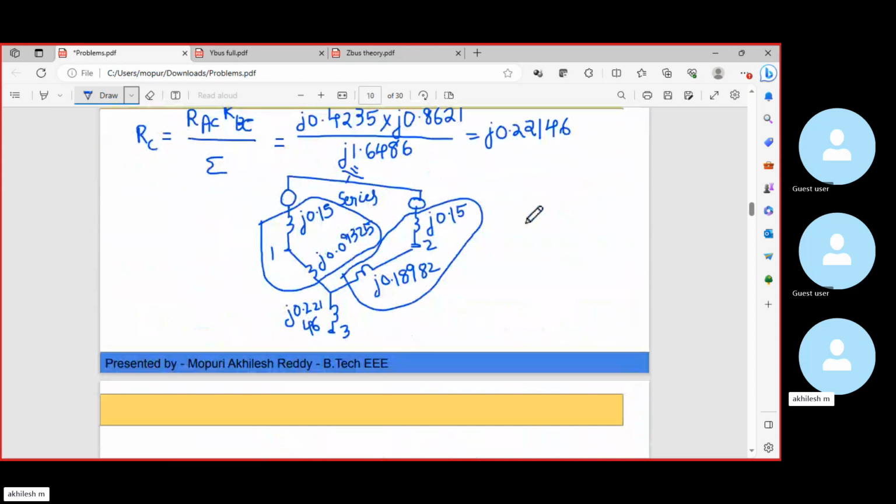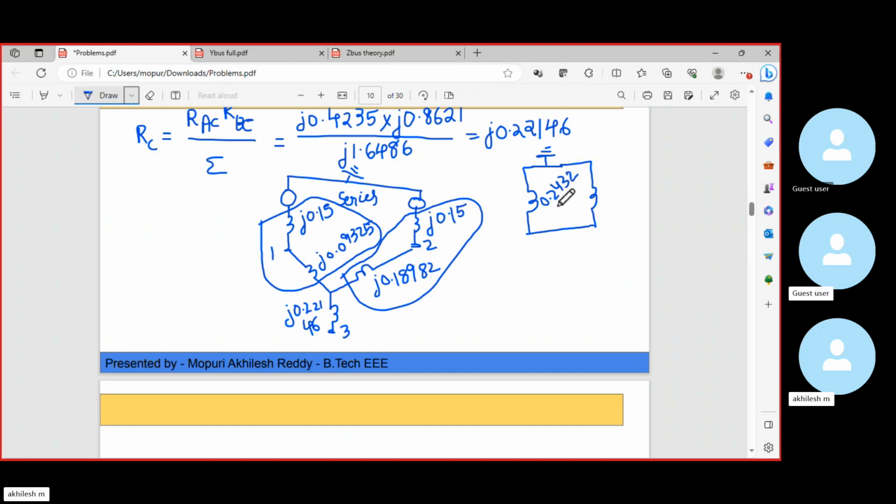The series combination of these two gives one reactance. On the bus one side, the series sum value is 0.24325.